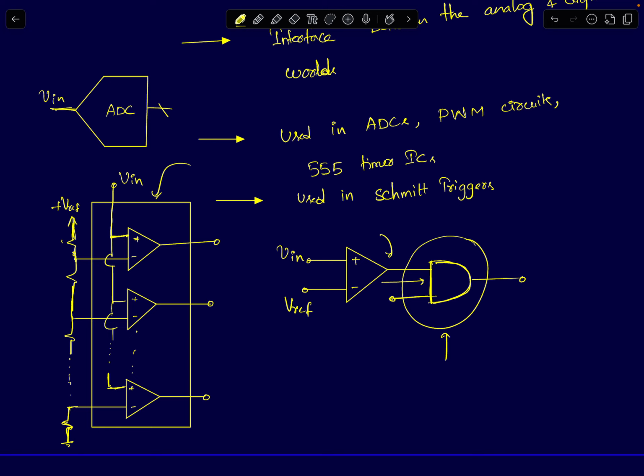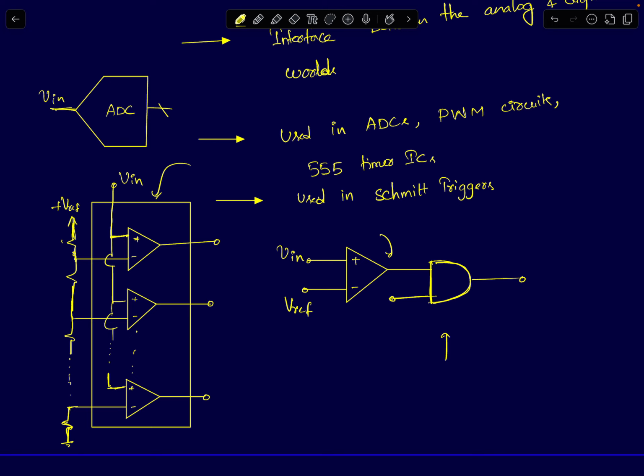We'll talk about this later when we talk about the available integrated circuit chips in the market and their voltage levels. I'll talk about it at that time. But because a comparator can take only two output levels, they can directly drive digital circuits. So that's the point I'm trying to make here.